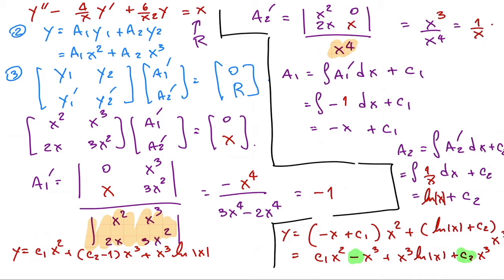So c2 minus c1 is still a constant. Okay, so it's just another constant. So I'll just write like this. Okay, and that would be the right answer. Okay, make sense?